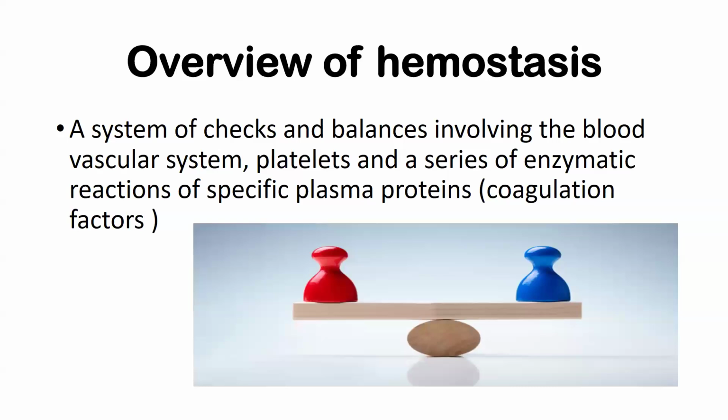These proteins are usually known as the coagulation factors, inactive in our body, and there is a balance between the vascular system, platelets, and enzymatic reaction. In case one is not working well, there's a problem, and that leads to the bleeding episodes that we get from our hemophilia patients. Next.